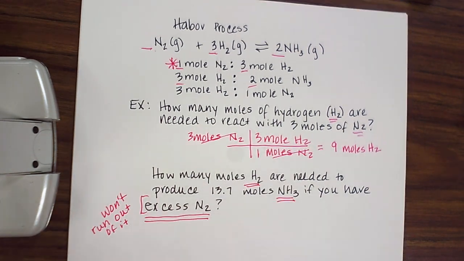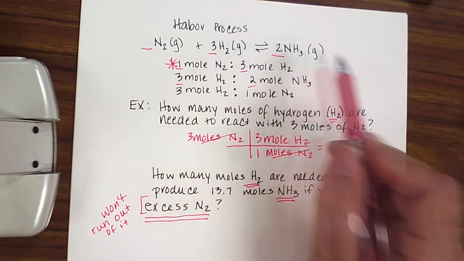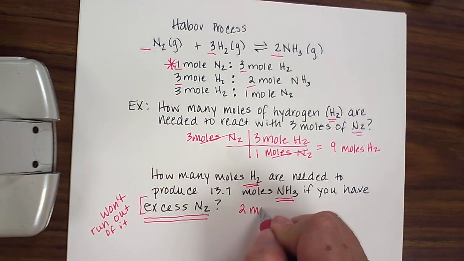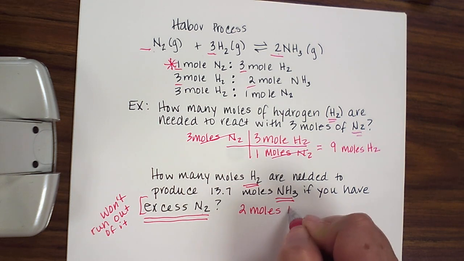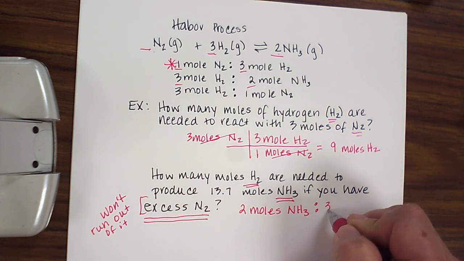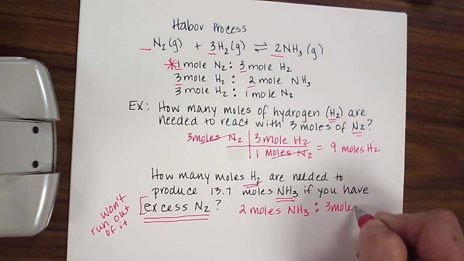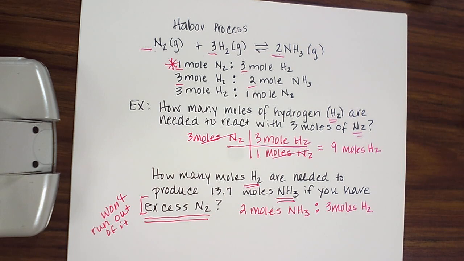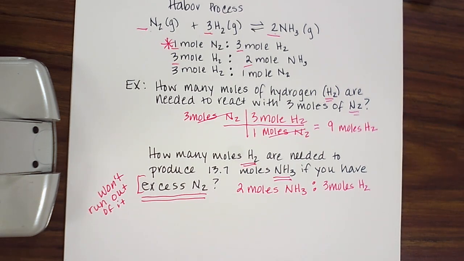Okay, so this time we are looking at ammonia and hydrogen. So I'm going to go back up and look at my molar ratio, which is right here, 2 moles of NH3 to 3 moles of H2. So that is my molar ratio.